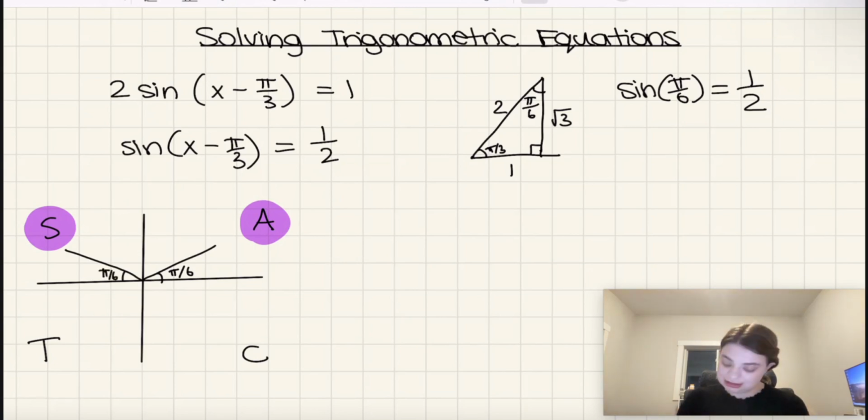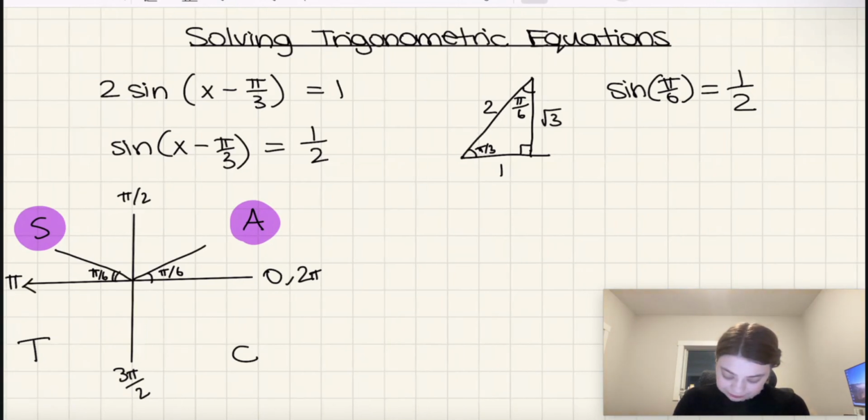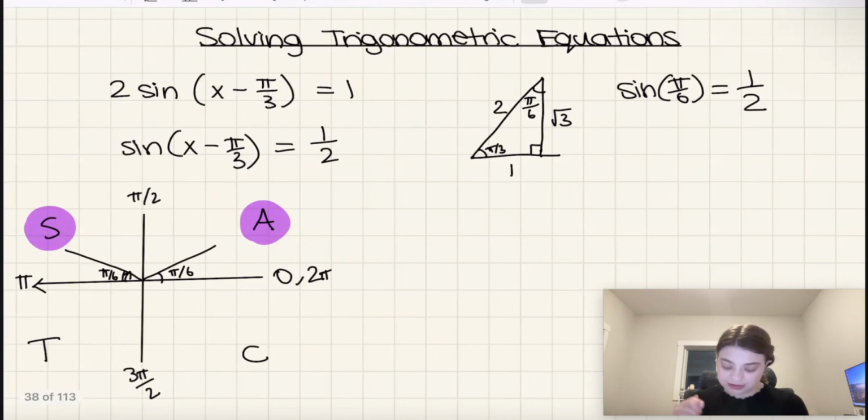Now keep in mind, this is 0, pi over 2, pi, and 3 pi over 2. And then this would be 2 pi as well, right? We'll have one full cycle. And so what is this value here? If we have pi over here, and then over here we have pi over 6, well, this would just be pi minus pi over 6.